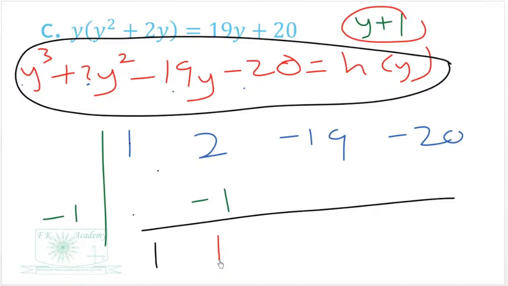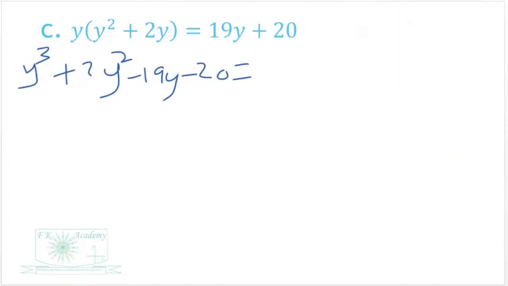Multiply negative 1 by 1, we get negative 1. We add negative 19 and negative 1, that gives us negative 20. We multiply negative 1 by negative 20, that gives us 20. We add negative 20 to 20, that gives us 0. So it means the quotient has coefficients 1, 1, negative 20.